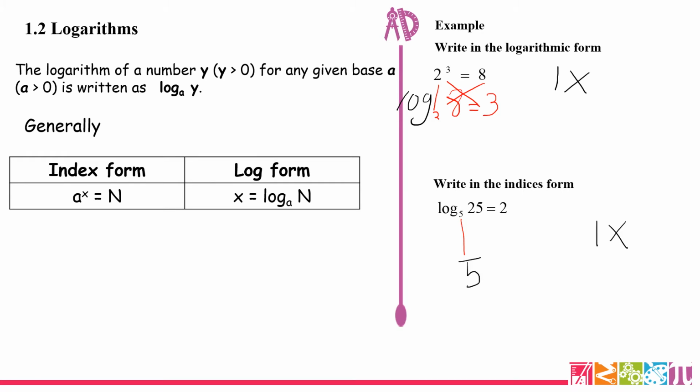Next, 25 and number 2 refer to the shape of X. So, from the log form to the indices form, it becomes 5 power of 2 equals 25.